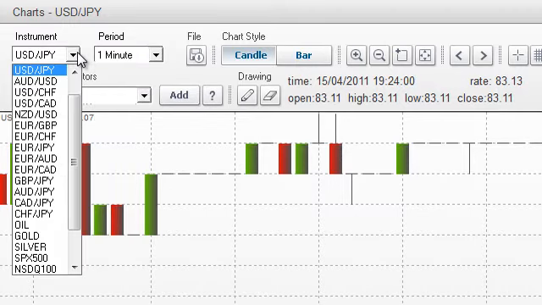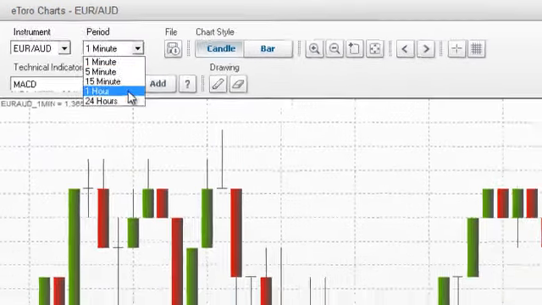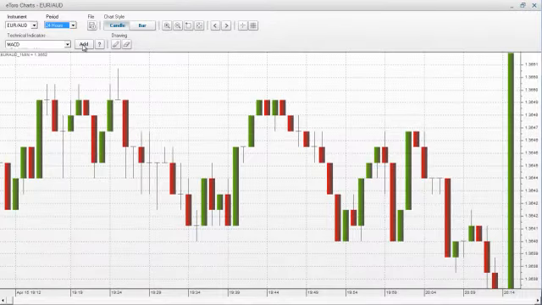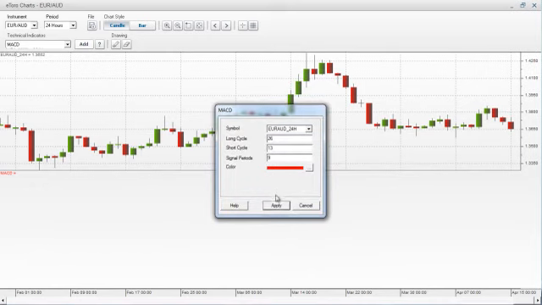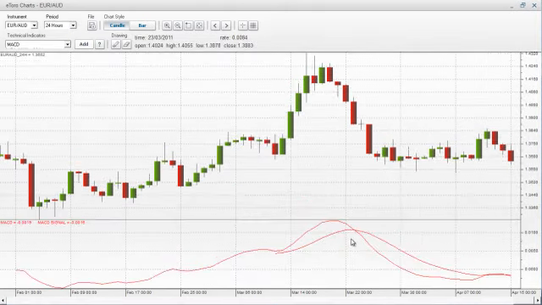Let's look at a couple more examples here. I'm just choosing these at random. We'll look at the Euro AUD. I'll move it back to 24-hour period, and we'll bring up the indicator. Once again, we see an example of it crossing here in the upper region of the rectangular area, which corresponds to somewhere around this bar here.